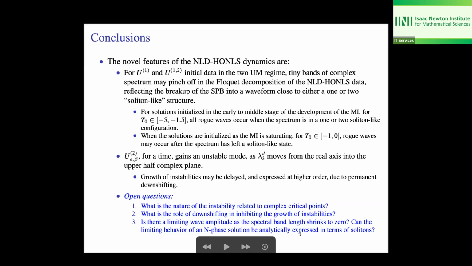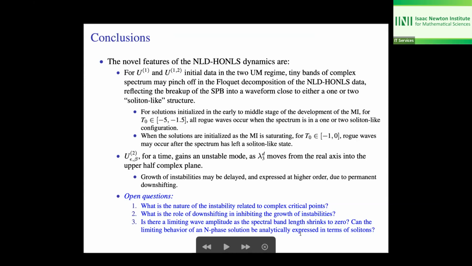In examining U2, the single mode U2, it gains for a time in unstable mode as lambda3 moves from the real axis into the upper half plane, and the growth of instabilities may be delayed and expressed at higher order due to permanent downshifting.